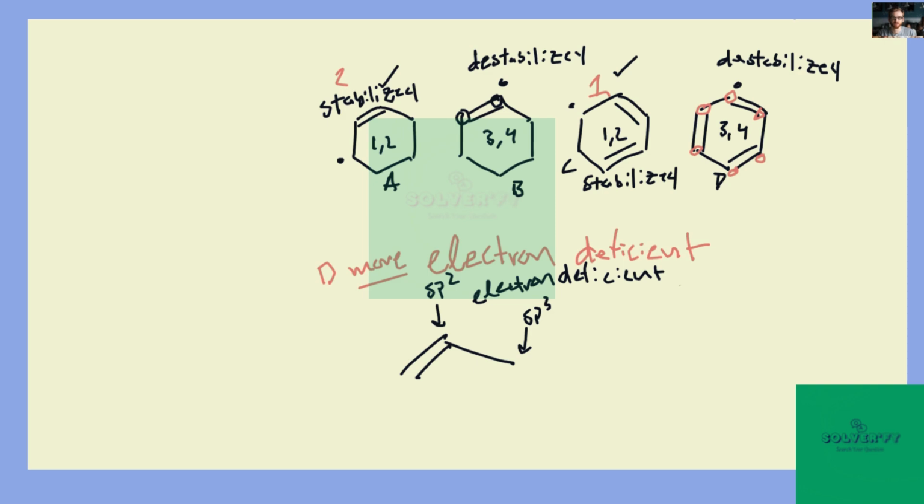Well, between B and D, which one do you think would be easier to make a radical? Remember, when you make a radical, you're plucking away an electron. You're making it electron deficient or more electron deficient than it was before. Is that going to be easier to do to something that's already very electron deficient? No. The more electron deficient the molecule as a whole is, which D is more than B, the harder it is going to be to rip away an electron from it.